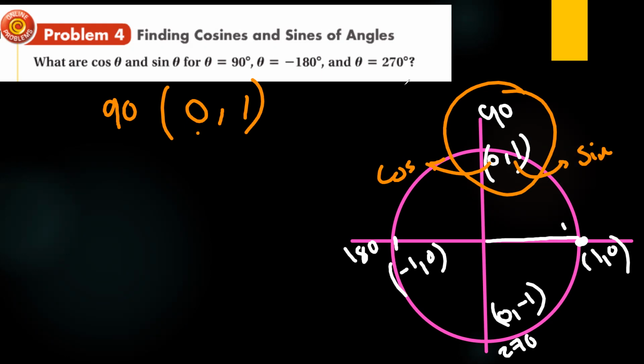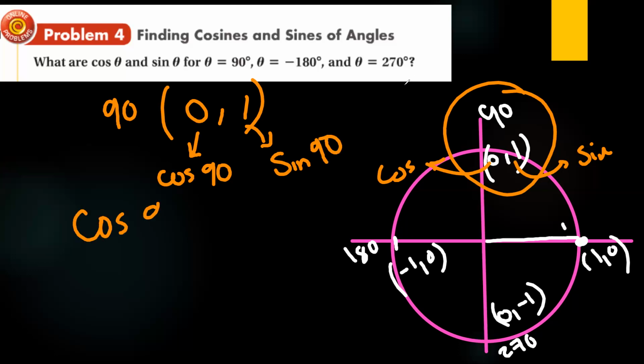So this is the cosine of 90 and this is the sine of 90. What is the cosine of 90? 0. And the sine of 90? It's 1. If you try it on a calculator, you will find that the cosine of 90 is 0 and its sine is 1.